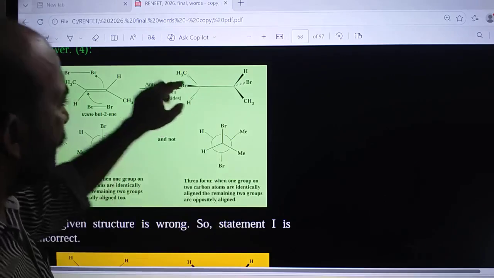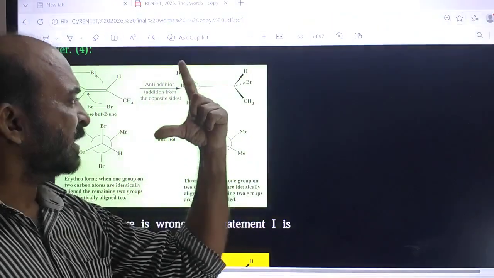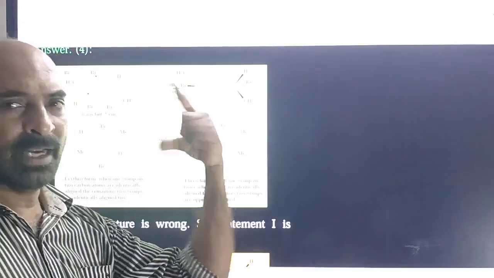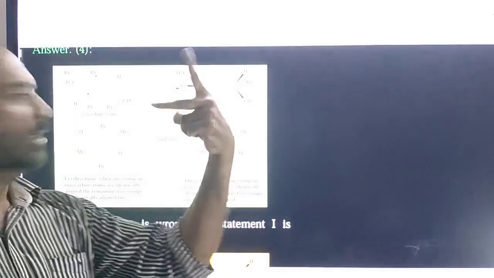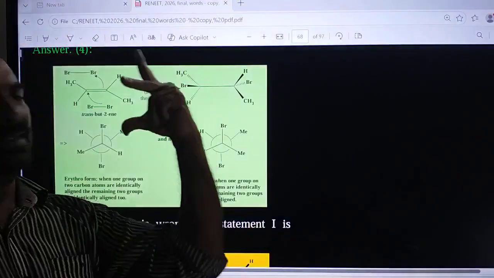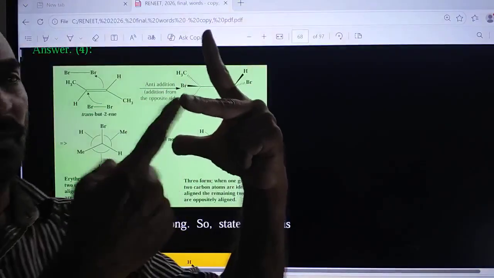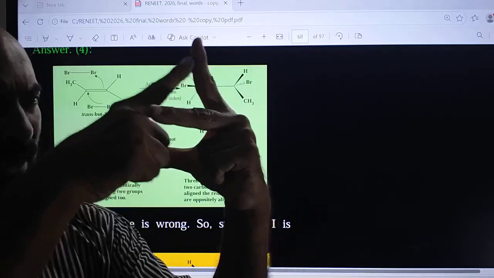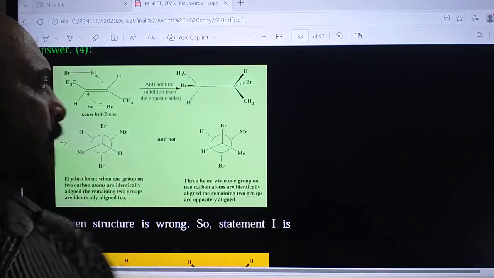To accommodate that bromine, the CH3 and H in the plane of the board slightly go backward. Okay? So, the whole arrangement will be like this. Bromine towards the viewer, whereas the CH3 and H slightly away from the viewer.